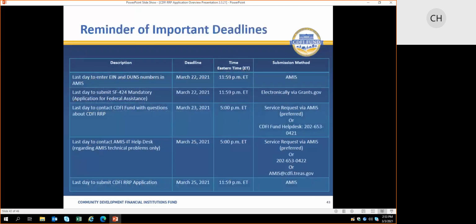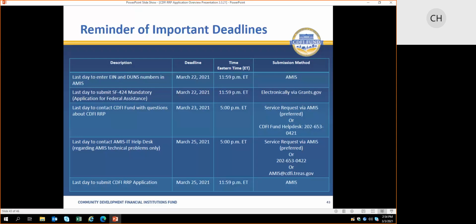Again, Elizabeth went over these deadlines, but they're so important. We want to make sure every organization interested and eligible to apply for RRP gets in and satisfies these deadlines, so I'm going to go over them again. The last day to enter your EIN and DUNS number in AMIS is March 22nd at 11:59 p.m. Eastern. You've also got to submit your SF-424 mandatory on March 22nd.